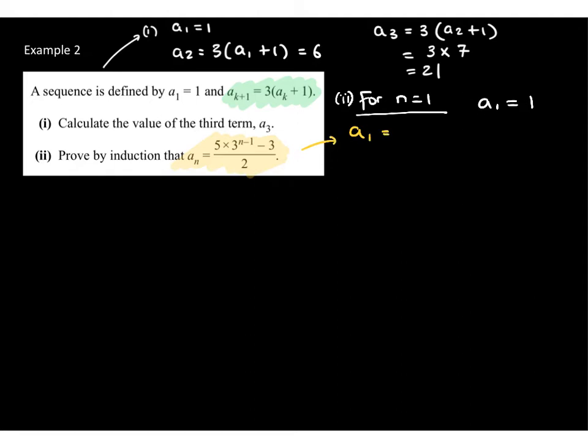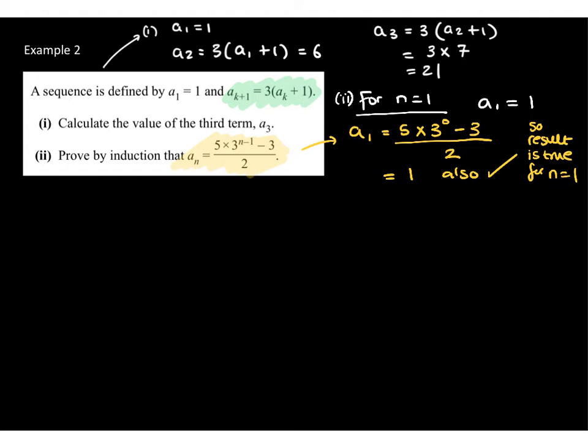It would tell us that a1 would be equal to 5 multiplied by 3 to the n minus 1, or 1 minus 1, which is 0, take away 3, all over 2. And what does that come to? Well, 3 to the 0 is 1. So this gives me 5 take away 3, which is 2, divided by 2, which is 1. So the result is true for n equals 1. So we've proven the result for n equals 1.